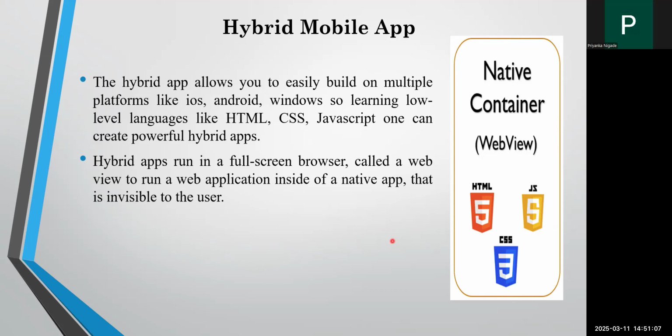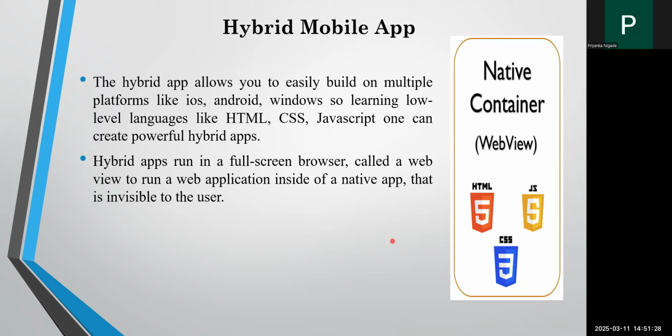Hybrid is performance wise quite slow, but cost wise it has a lower cost than the native application. And what are the examples? Nowadays, most applications are hybrid, like Instagram, Gmail, Twitter, Swiggy, Zomato, Uber.